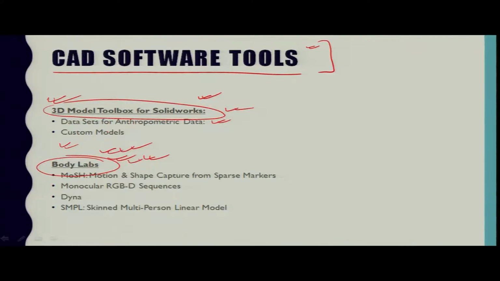So this particular Body Labs software extracts the 3D human body by using artificial intelligence tools, from different sources.